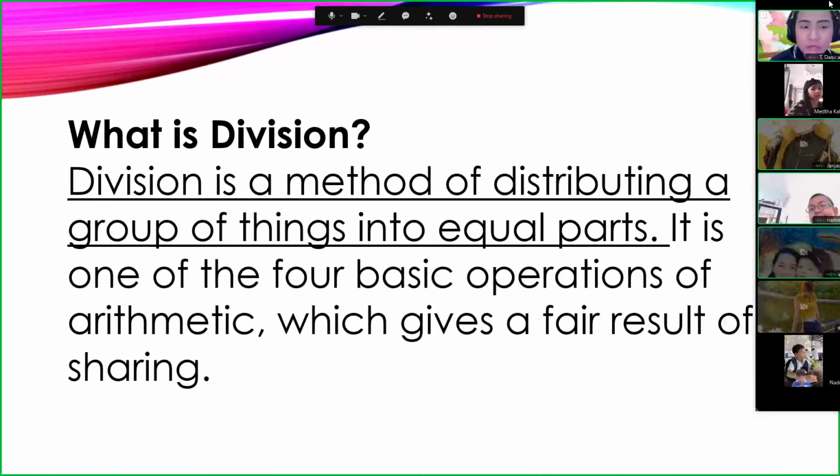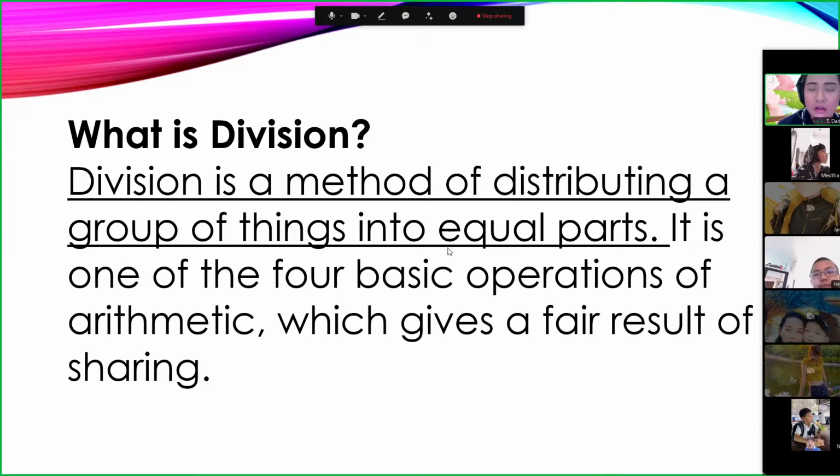Okay, now first, what is division? Division is a method of distributing a group of things into equal parts. Like for example, you want to make a set of 5. You have 15 candies.